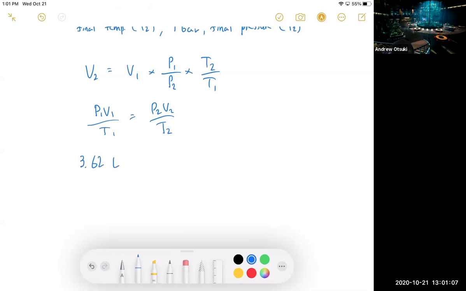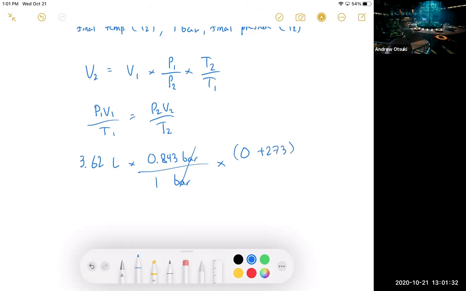3.62 liters times 0.843 bar over 1 bar, those will cancel out, times, so this is T2 on the top here, 0 plus 273.